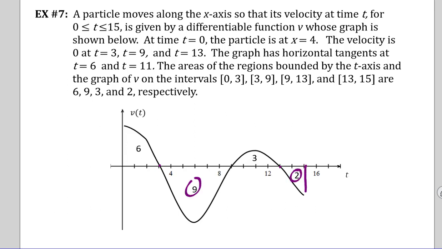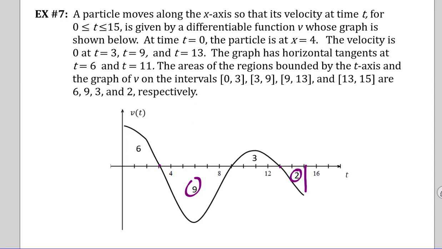So we know it's not happening at t equals 9, because at t equals 9 we just stopped moving back to the left. So it's either going to have to be at t equals 3 or t equals 13.